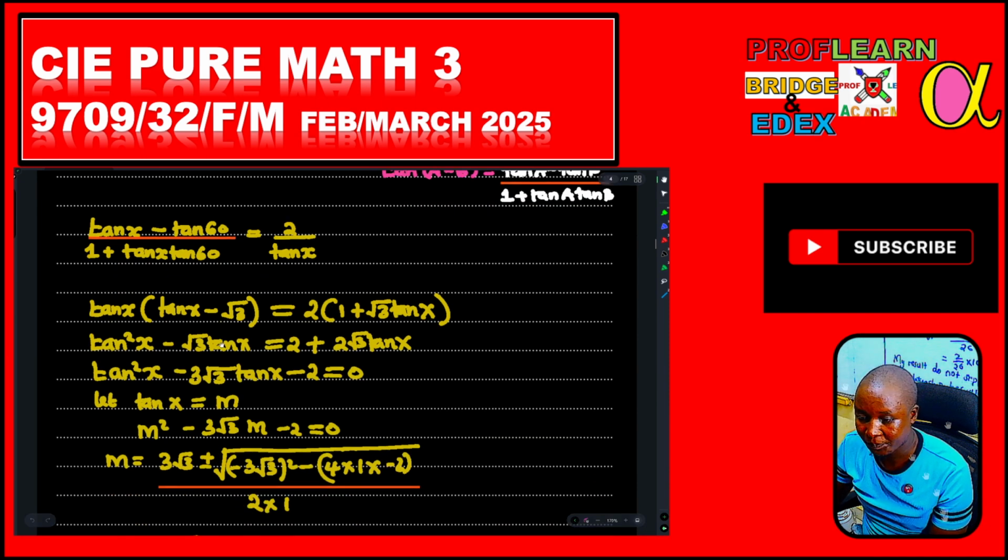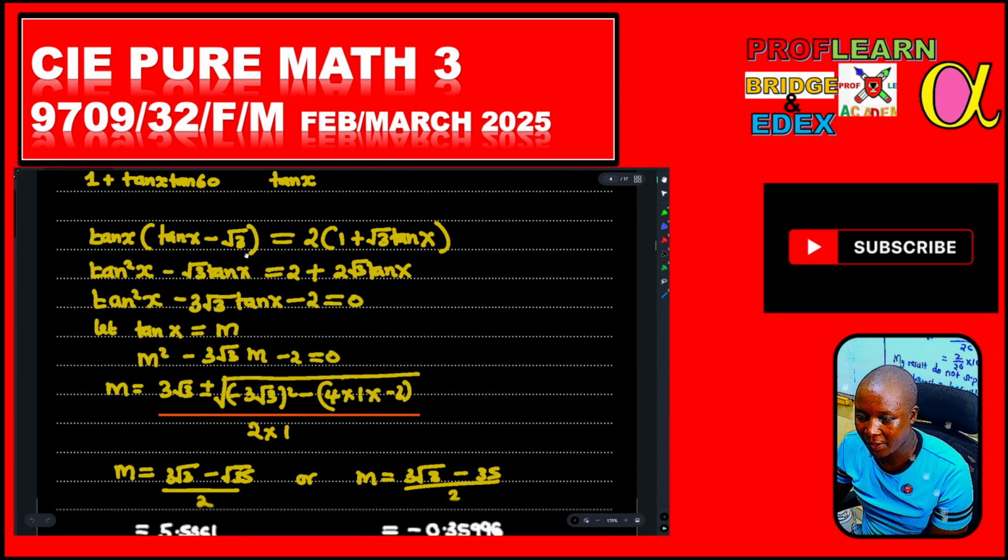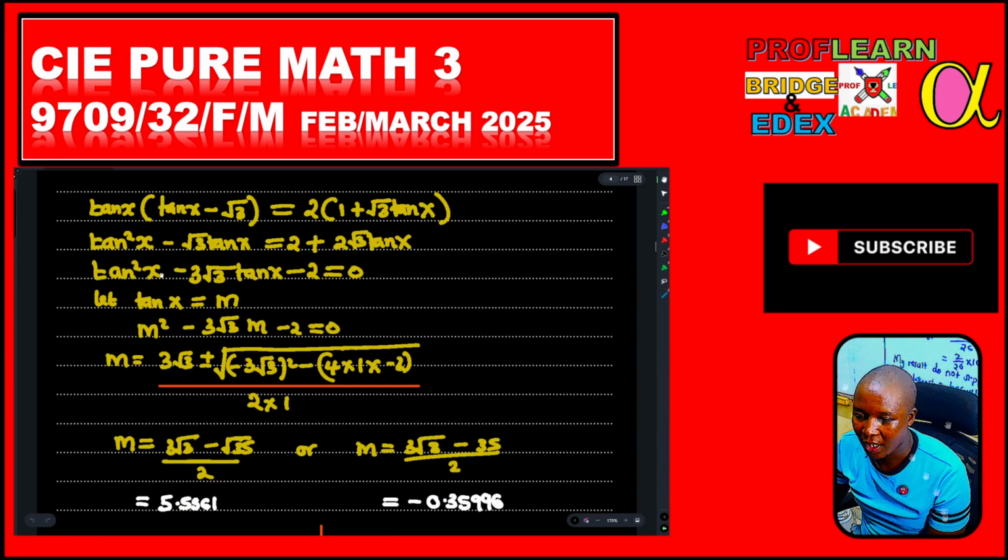And if you expand this, you are going to have your answer for the quadratic in terms of tan x as tan squared x minus 3 root 3 tan x minus 2 equals 0. And then you are supposed to solve that.